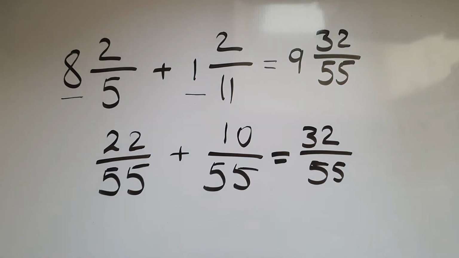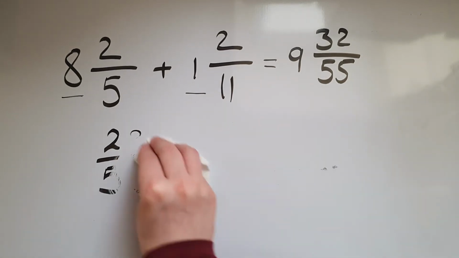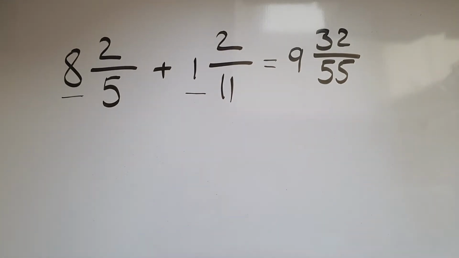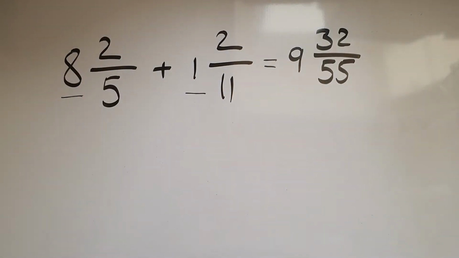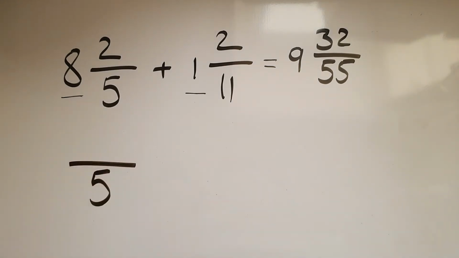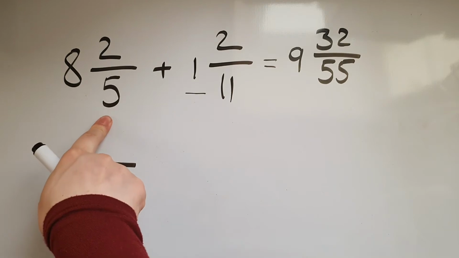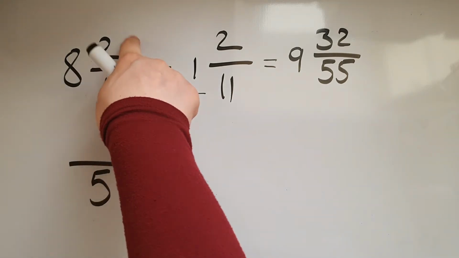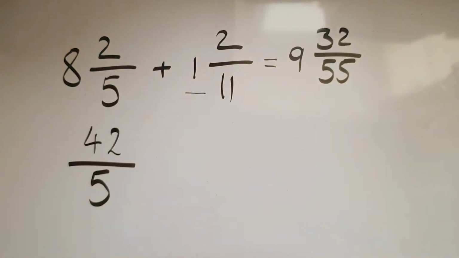Another way to do this would have been to convert the mixed numbers into fractions. So 8 and 2/5. What is that as a fraction? So 8 times 5 is 40, and the 2 is 42. So think of cake split into 5 slices.